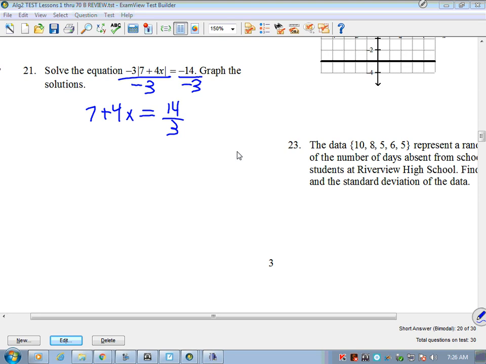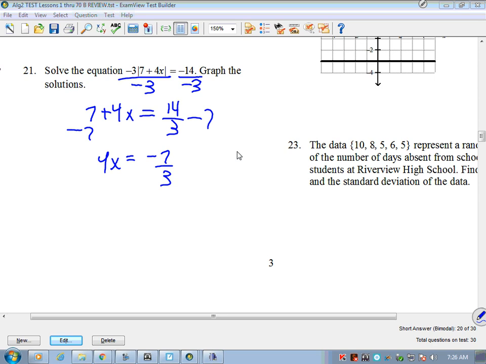We would subtract 7, so we got 4x equals 14/3 minus 7, which comes out to -7/3.